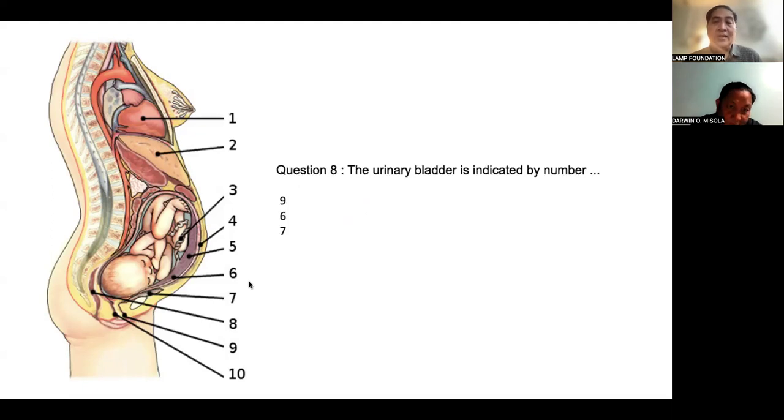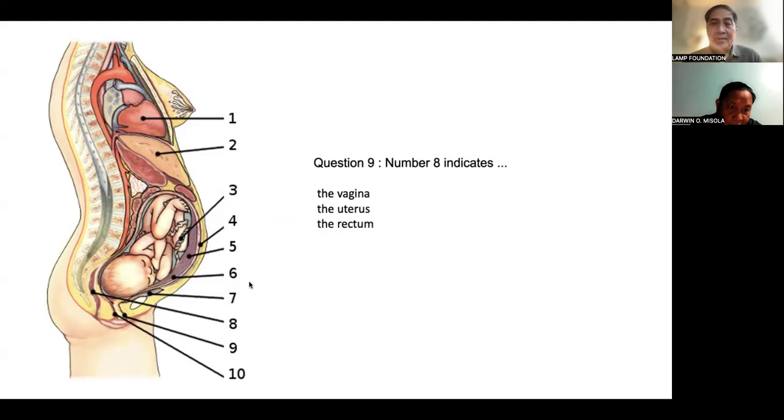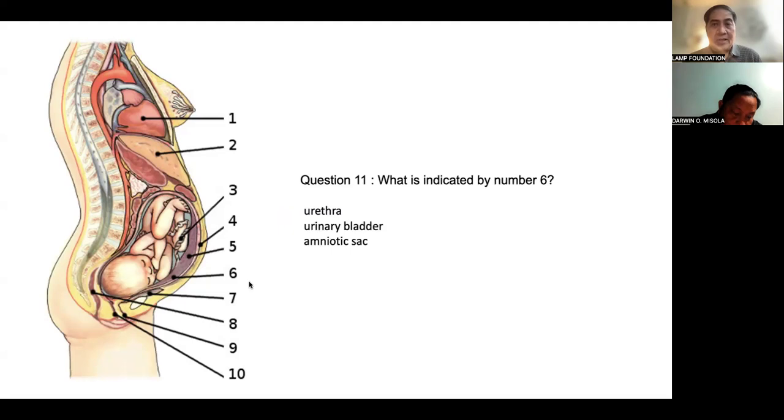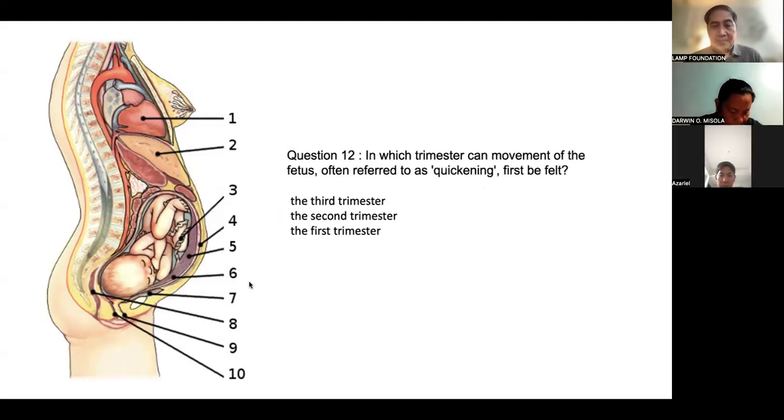The urinary bladder is indicated by number 7. Number 8 indicates rectum. Which number indicates the uterus? Number 4. What is indicated by number 6? Amniotic sac. In which trimester can movement of the fetus, often referred to as quickening, first be felt?